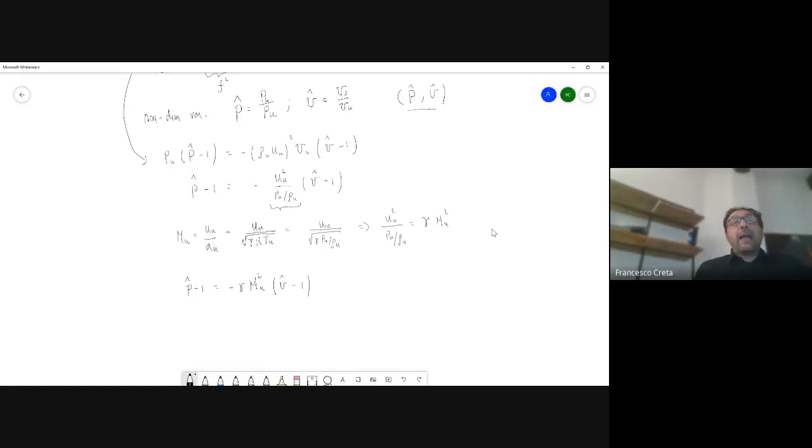So essentially M_u is also the Mach number of the flame itself, in its propagating motion in a laboratory frame. I hope that's clear. So this can be thought of as the propagating speed or the propagating Mach number. Now look at how simple this relationship here is.